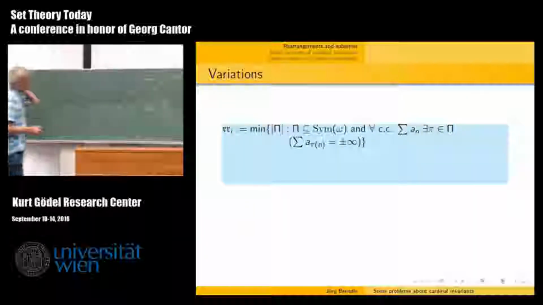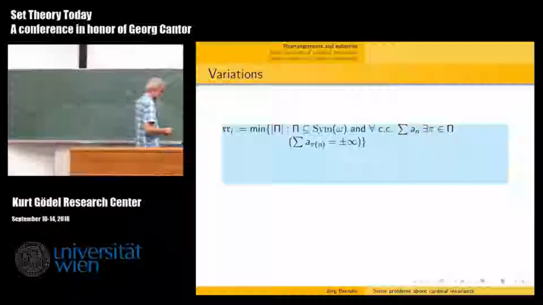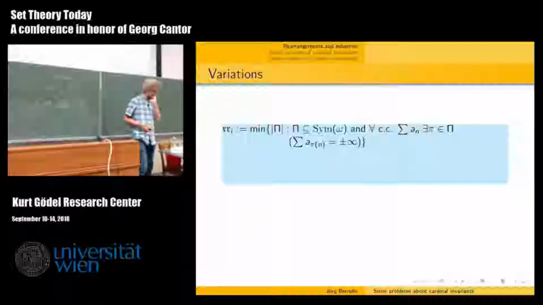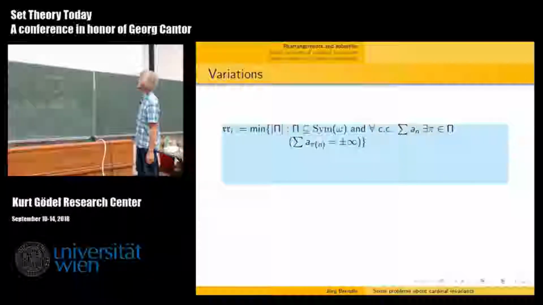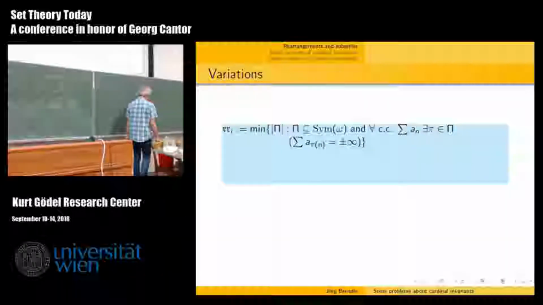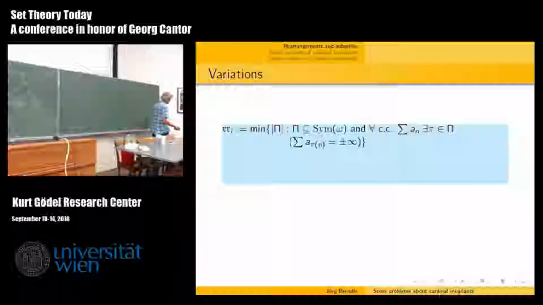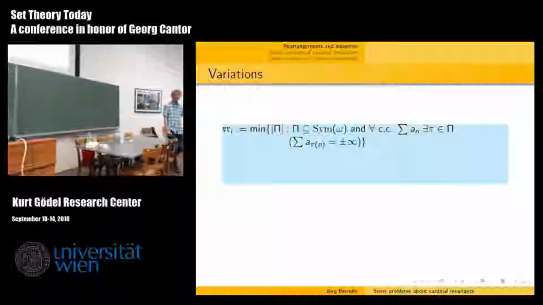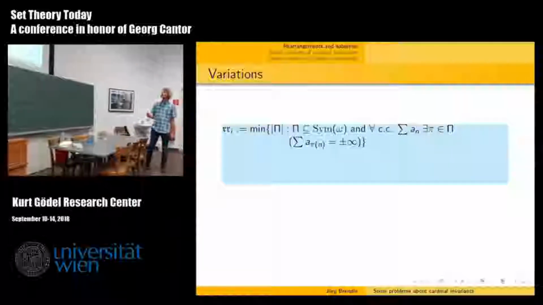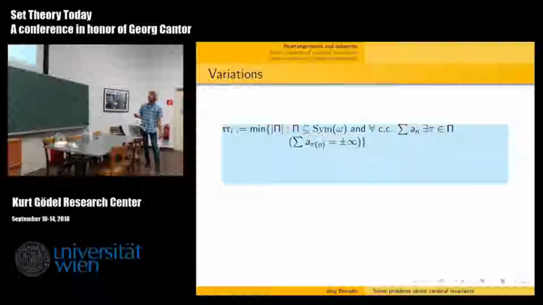Now let us look at some variations of these cardinals. Double Ri has a very similar definition to the rearrangement number double R. But now we ask for convergence to or divergence to plus minus infinity.